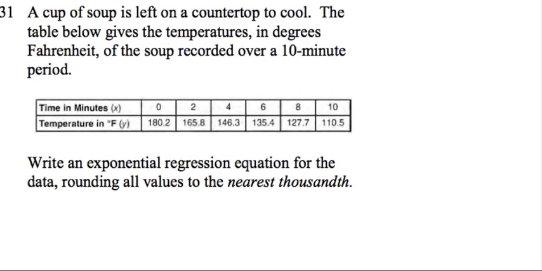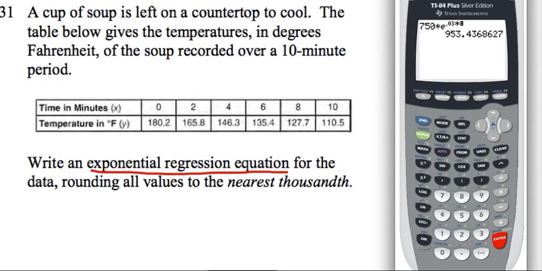Alright, let's look at number 31. A cup of soup is left on the countertop to cool. So this is a table that we see here. Now, write an exponential regression equation. So basically what we're looking for is, here we have, go to stat, edit, and I'm just going to clear both tables.